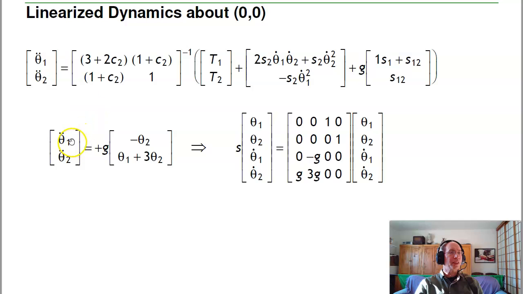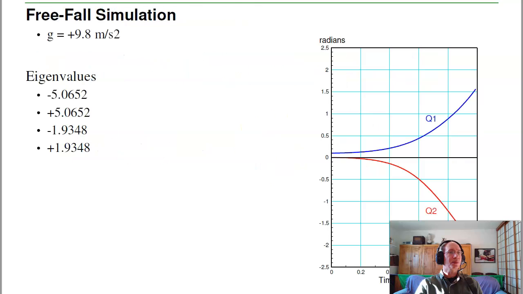Put all that together, and I wind up with theta 1 double prime is g theta 2. Theta 2 double prime is g theta 1 plus 3 theta 2. So here's your dynamics. In free-fall, the eigenvalues then would be minus 5, plus 5, minus 1.93, plus 1.93. So this is an unstable system.